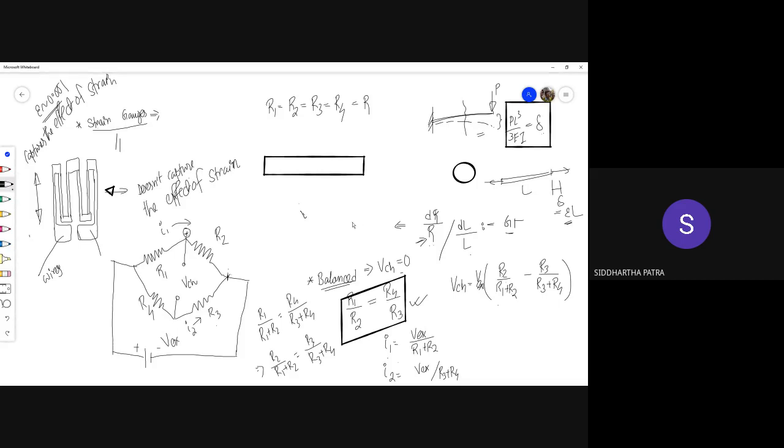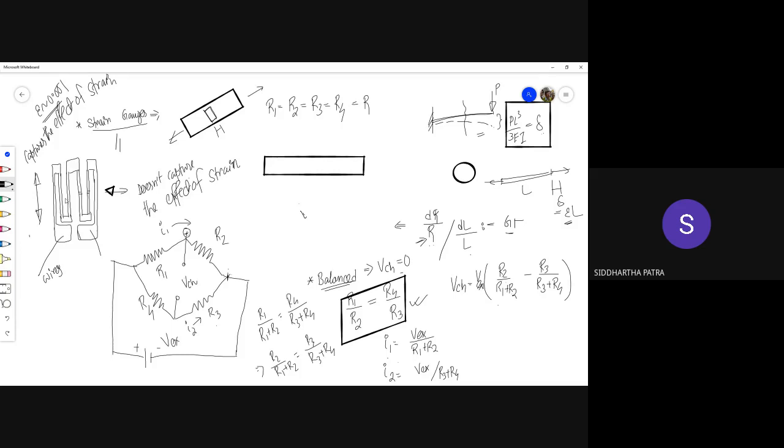So imagine if a rod is elongating in this direction, and if you take the strain gauge and attach it like this, where the narrower dimension is the direction in which these narrow strips, in the vertical direction, actually elongate.